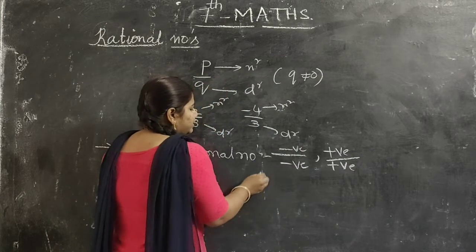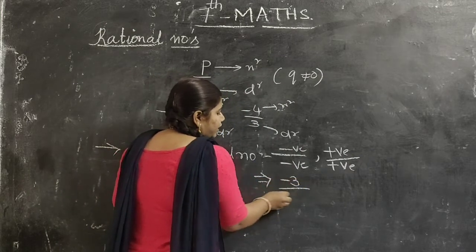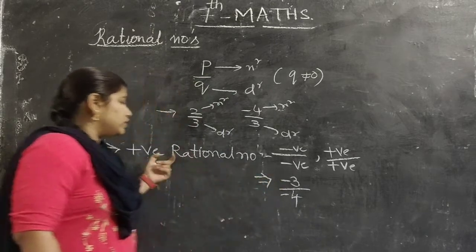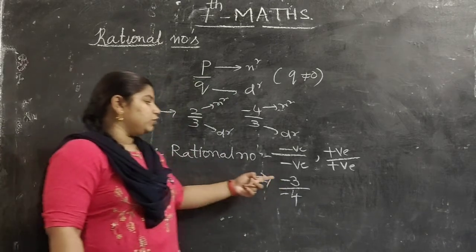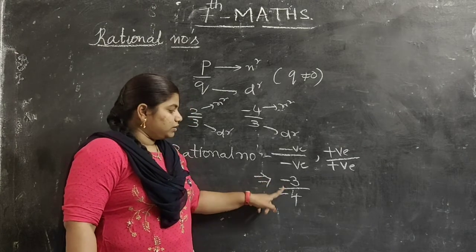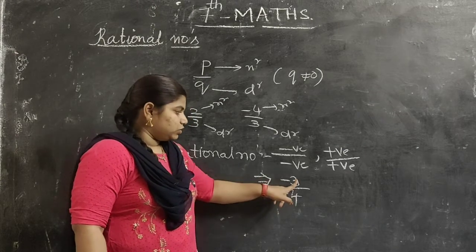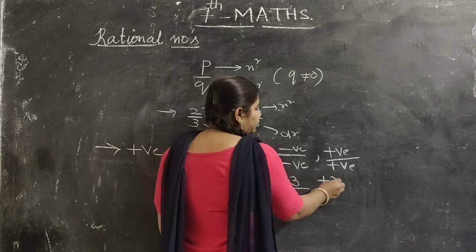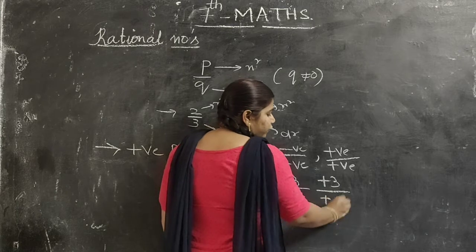We will take one example, minus 3 by minus 4. Minus 3 by minus 4 is a positive rational number, because in the numerator and denominator we see the same sign. Minus into minus will be plus, so that will be plus 3 by 4. In the same way we can take plus 3 by plus 4.